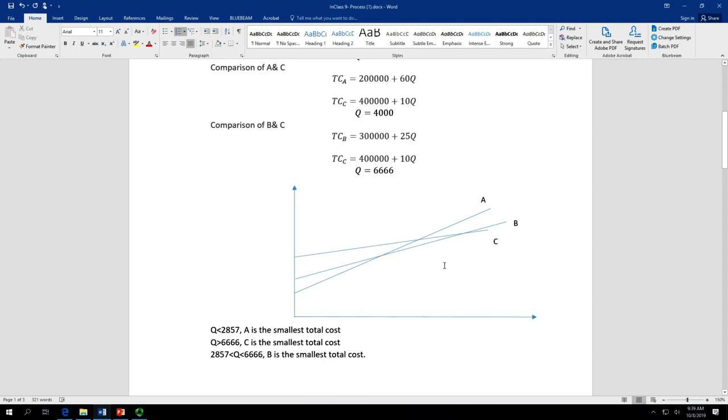When the quantity is larger than the highest crossover point, you are going to select C, which has the highest fixed cost, but the smallest unit variable cost. And in between, we can pick B.